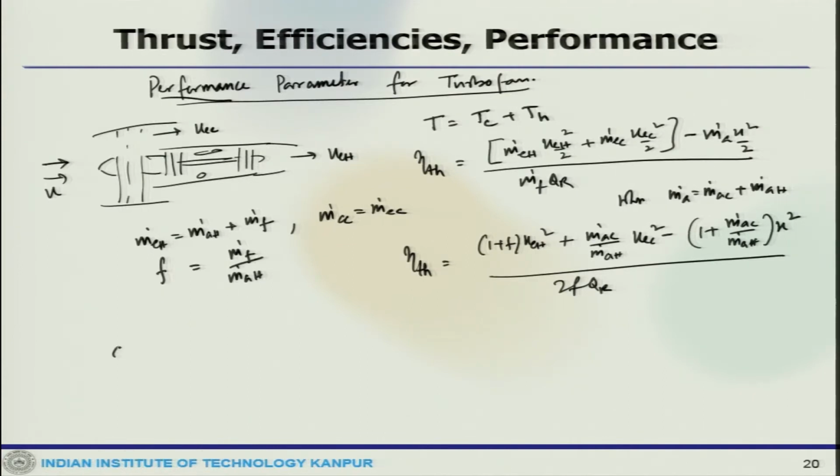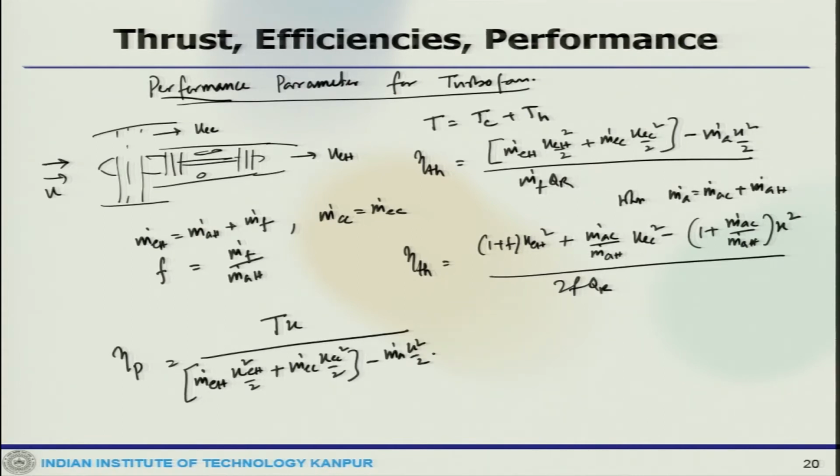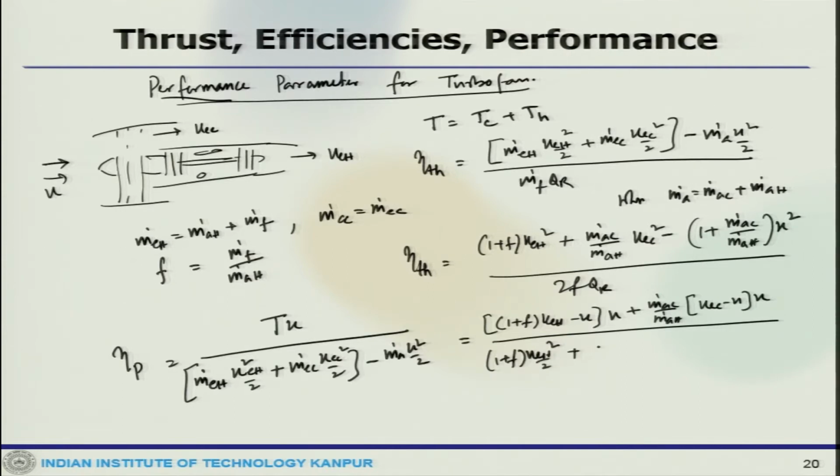Now, similarly, the propulsion efficiency, which is T u by m dot E h U h square by 2 plus m dot E c U E c square by 2 minus m dot A u square by 2, which we can again simplify like 1 plus f minus u plus m dot A c by m dot A h minus u into u divided by u square by 2 plus m dot A c by m dot A h minus 1 plus m dot A c by m dot A h.